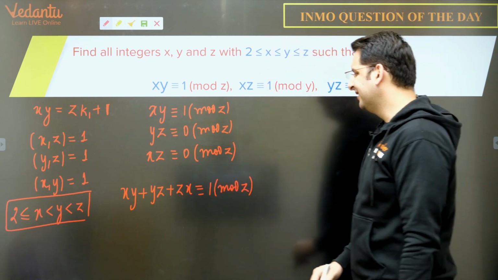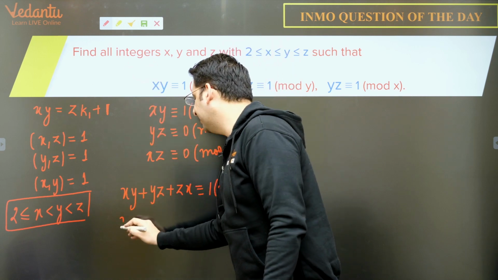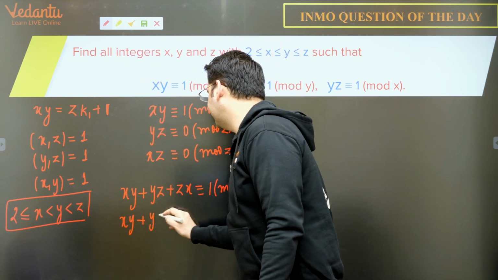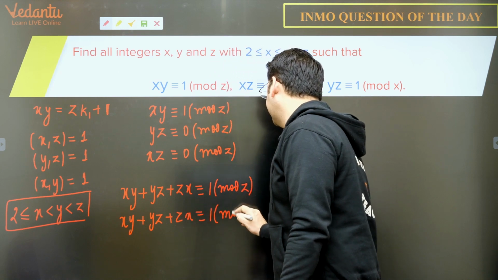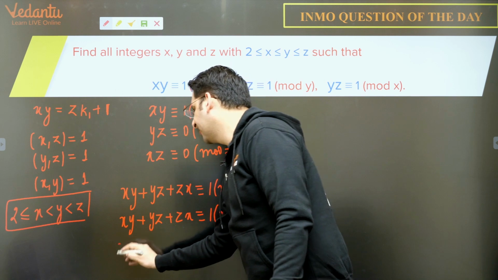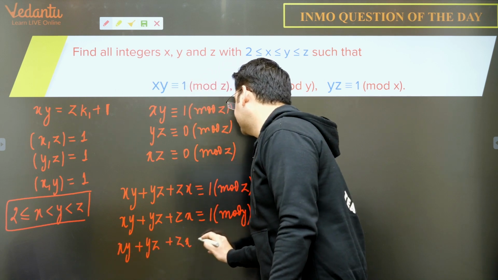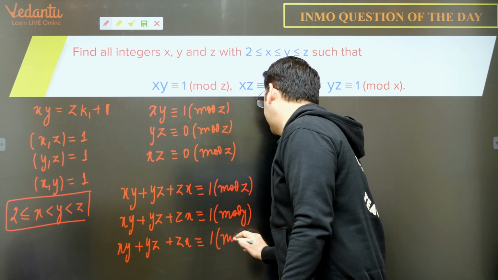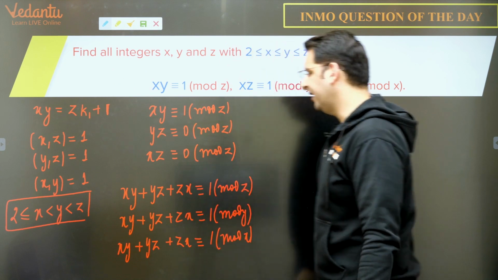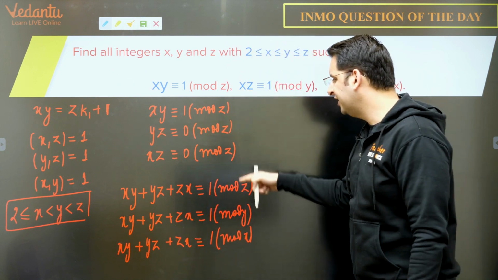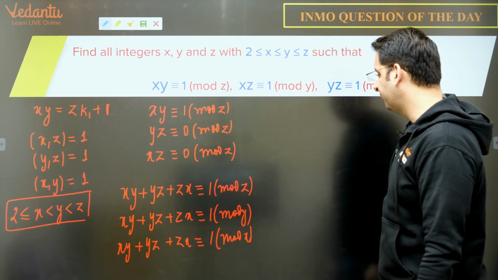This means xy plus yz plus zx is also 1 mod y, and similarly xy plus yz plus zx is also 1 mod x. So we proved it for z; this can be similarly proved for y and for x.